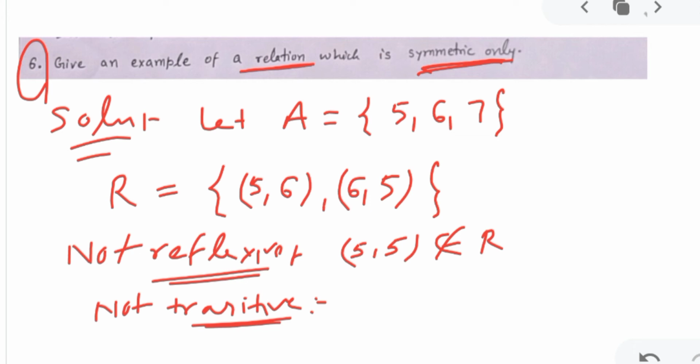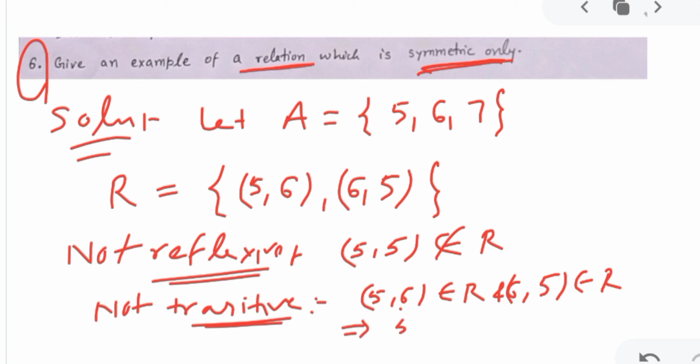Transitive means if (5, 6) is present in R and (6, 5) is present in R, then (5, 5) should be present in R. But (5, 5) is not present in the relation, so it is not transitive. So this is the relation which is symmetric but not reflexive and not transitive. I hope it is clear.